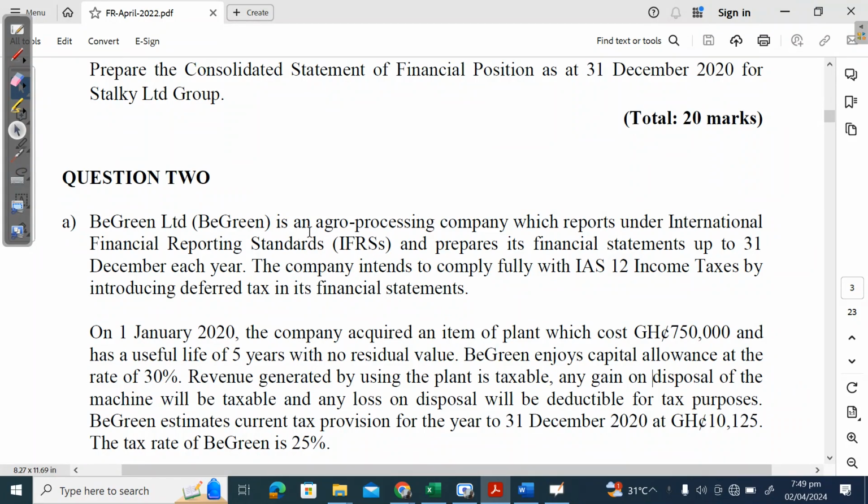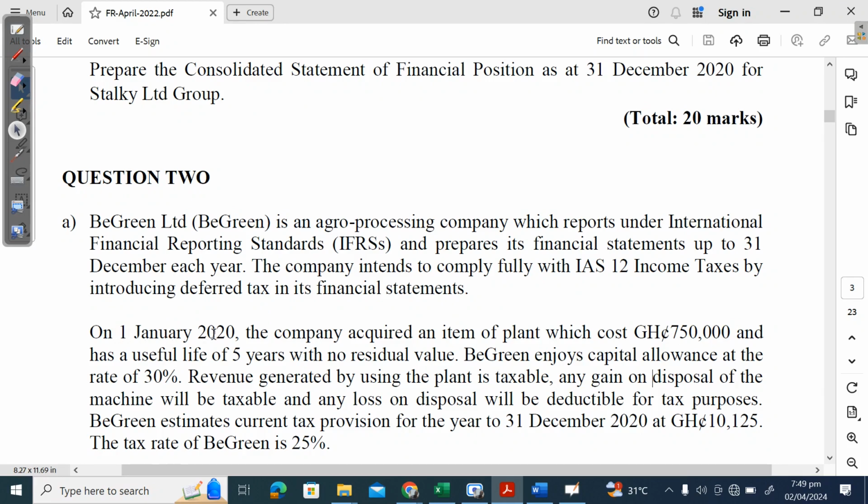Big Green is an agro processing company which reports under International Financial Reporting Standards (IFRS) and prepares its financial statements up to 31st December each year. The company intends to comply fully with IAS 12 income taxes by introducing deferred tax in its financial statements.